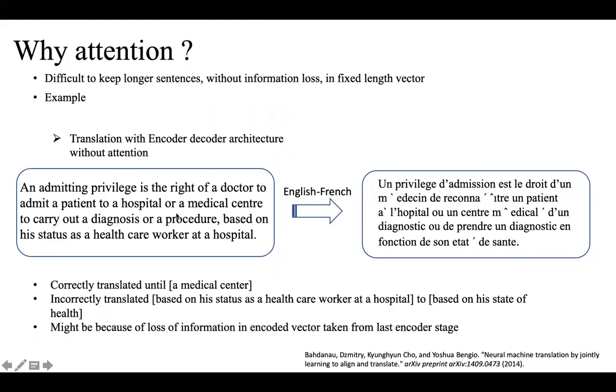When this was given to the sequence to sequence encoder decoder architecture, it was correctly translated until a medical center, like till here, but then it deviated from the original meaning of the sentence, and wrongly translated based on his status as healthcare worker at a hospital to based on his state of health. This might be because of loss of information like word order information in the fixed length encoded vector taken from the last encoder stage.